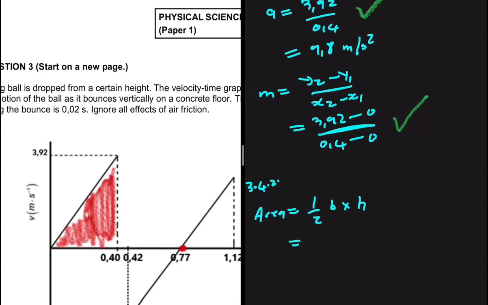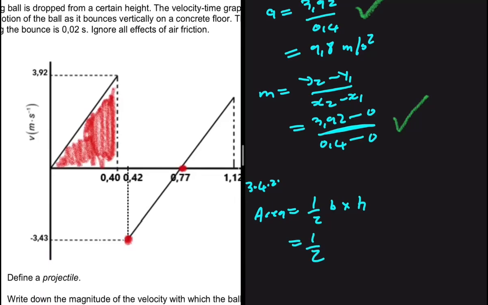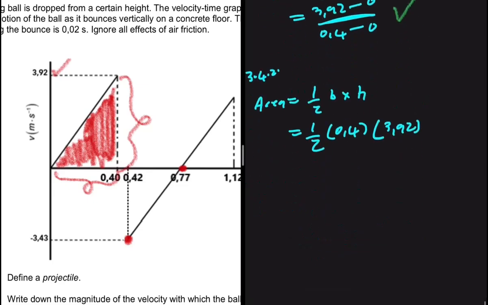So if we decide to use that area, our base is 0.4 and the height of our triangle is 3.92. If you punch that in your calculator, you should get an area of 0.784. So our answer here will be 0.784 meters. That is the height from which our ball was dropped.